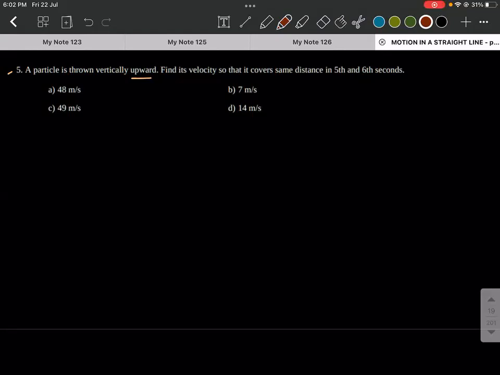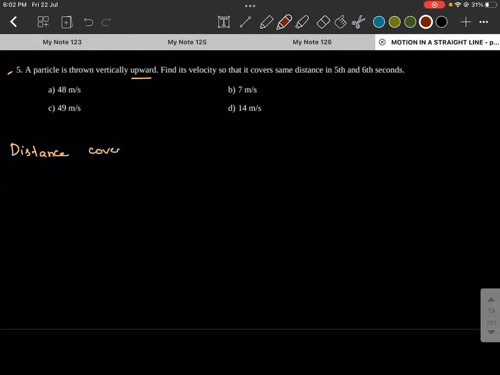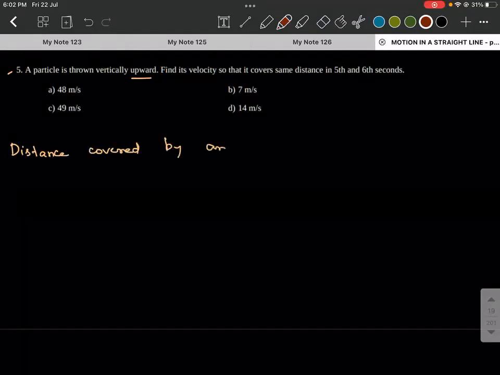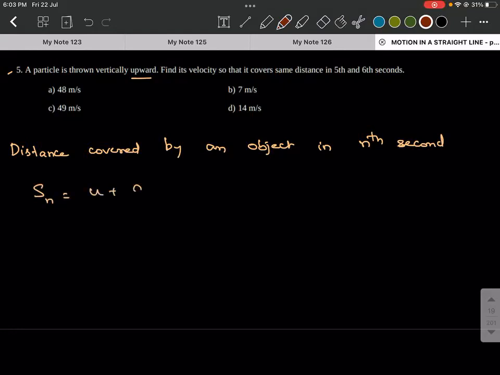Okay, so for that, we need to know the formula for the distance covered by an object in the nth second. So the formula is Sn is equal to u plus a by 2 into (2n minus 1), where n is the nth second.